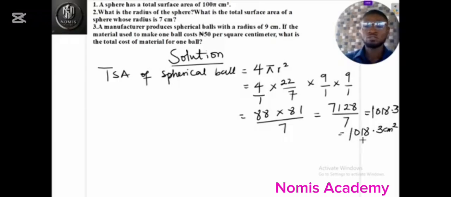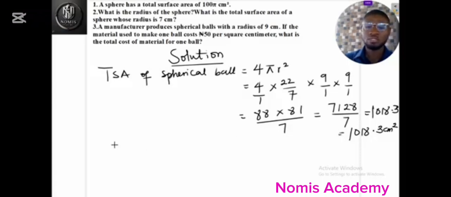So if the total surface area of the ball is 1,018.3 centimeters squared, and making this whole ball costs 50 naira per square centimeter, what is the total cost for one ball?